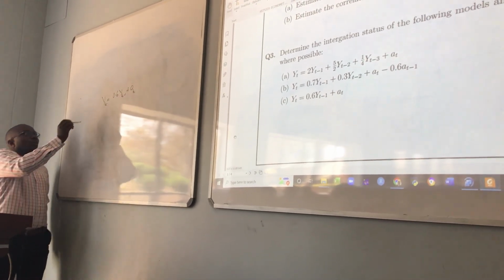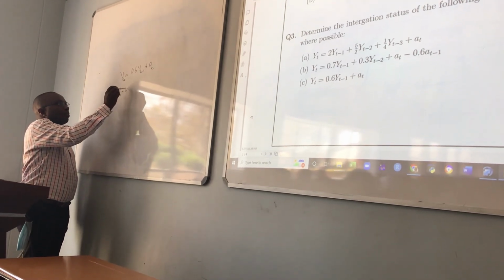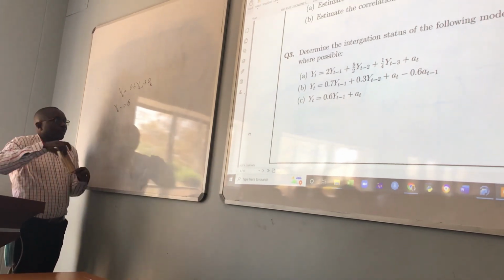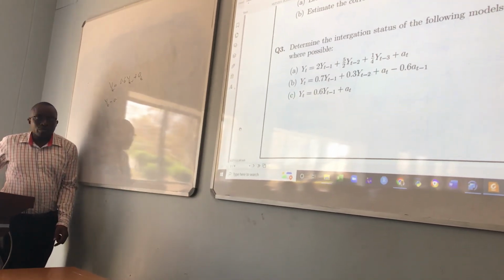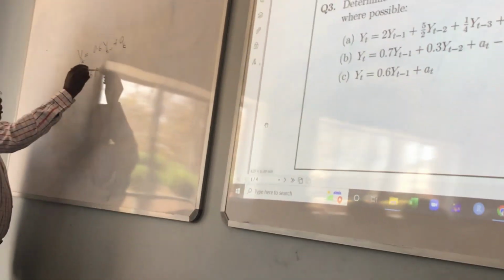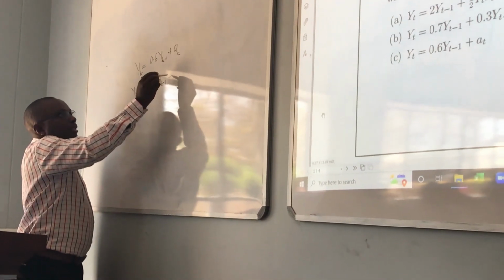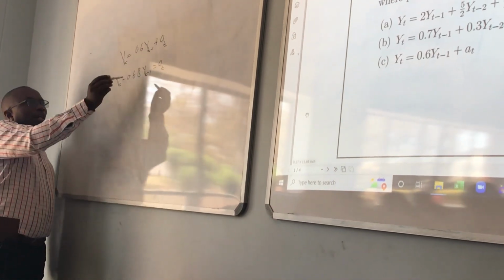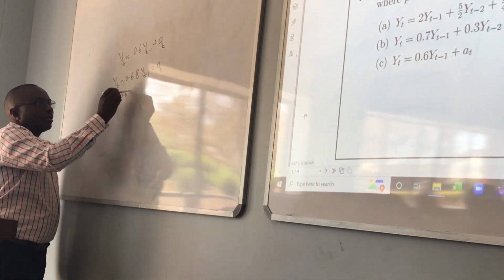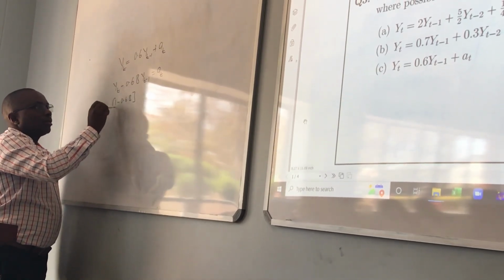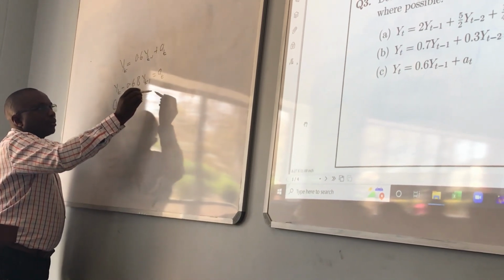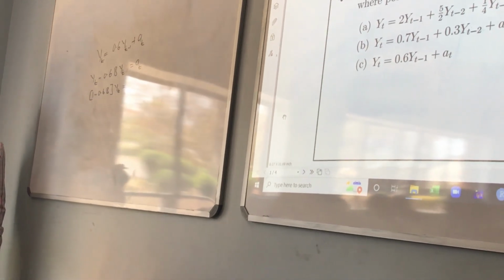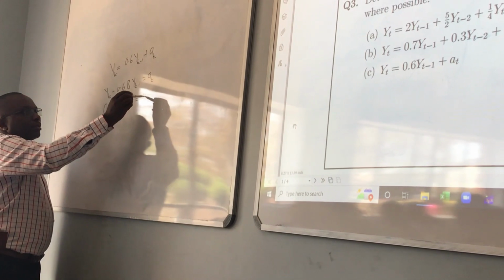YT minus 0.6 B YT minus 1 is equal to the error term. Then factor out YT: 1 minus 0.6 B times YT is equal to the error term.